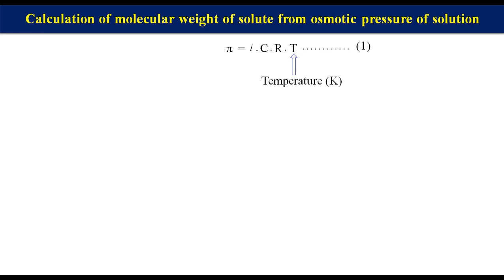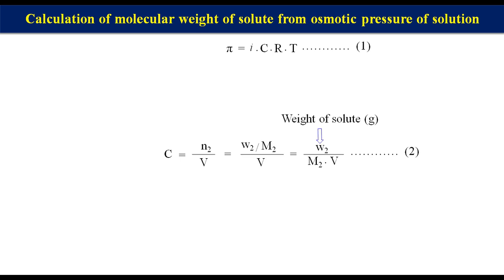We know that C is equal to n2 upon V, where n2 is the number of moles of solute and V is volume of solution in liters. n2 upon V can be written as W2 upon M2 divided by V. Rearranging this will give us W2 upon M2 into V, where W2 is weight of solute in gram and M2 is molar mass of solute in gram per mole.